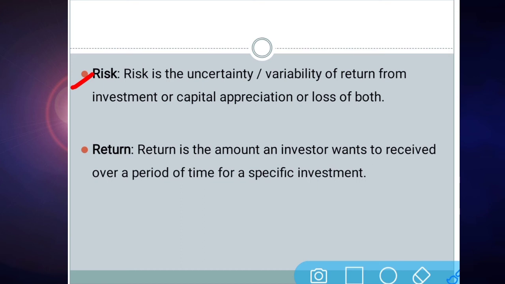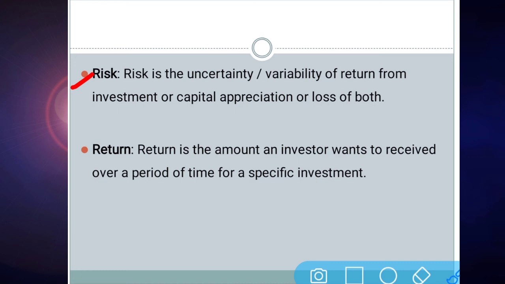When I invest in the share market, say for example, a person has invested 1 lakh rupees, he also wants that this 1 lakh rupees will become 1,40,000 after a year, as well as whatever dividend is declared by the company, he will get the benefit of that.